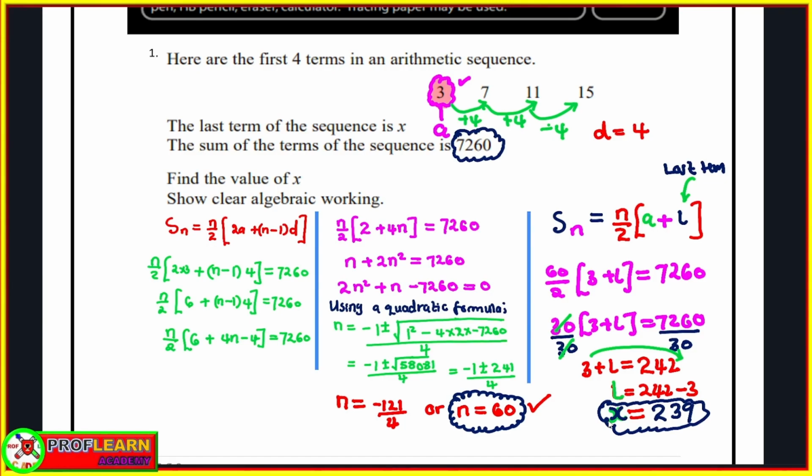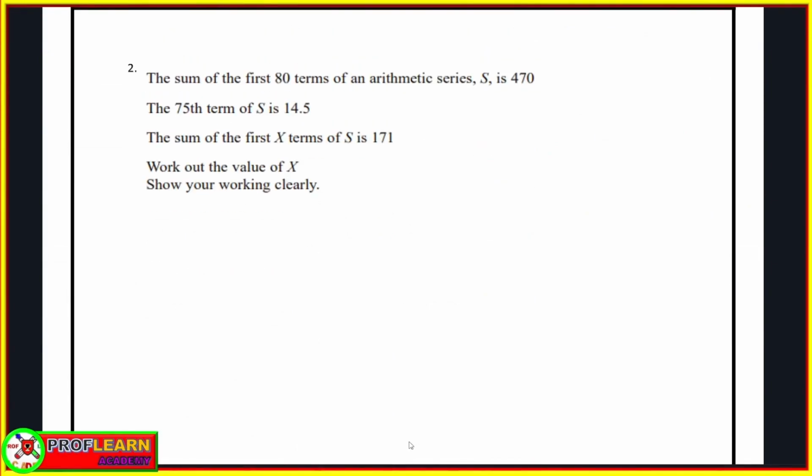We need to move now further to the next question, because there is another question that I want to take you through, whereby we need to see, given such kind of question, how are you going to approach it? Because we say this is going to be a one-stop shop for sequence and series. You are told the sum of the first 80 terms of an arithmetic series is 470.